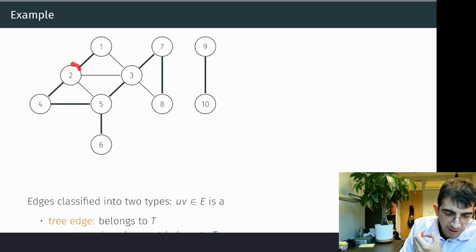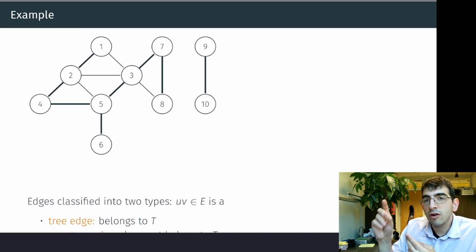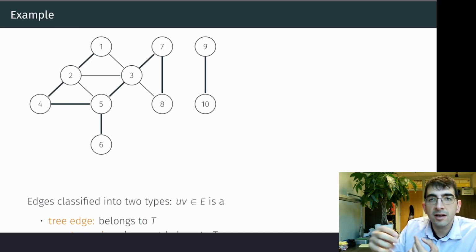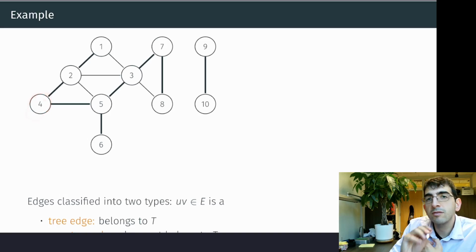And you say vertex 2's predecessor is vertex 1. That's how we could get the traversal path later on if we need it. Then at vertex 2, it has a bunch of adjacent vertices, but we simply call DFS on the first one, vertex 4, and go into vertex 4 right away.